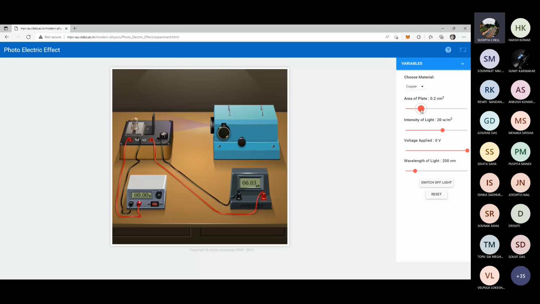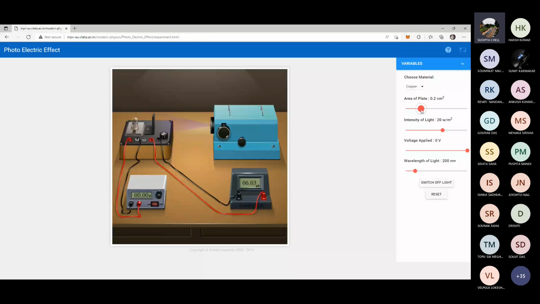Will the area of the plate be constant for all materials, or can we vary it? Sir, repeat once. Can the area of the plate be constant for all materials, or do we have to change it for different materials? For a particular material you fix the area.